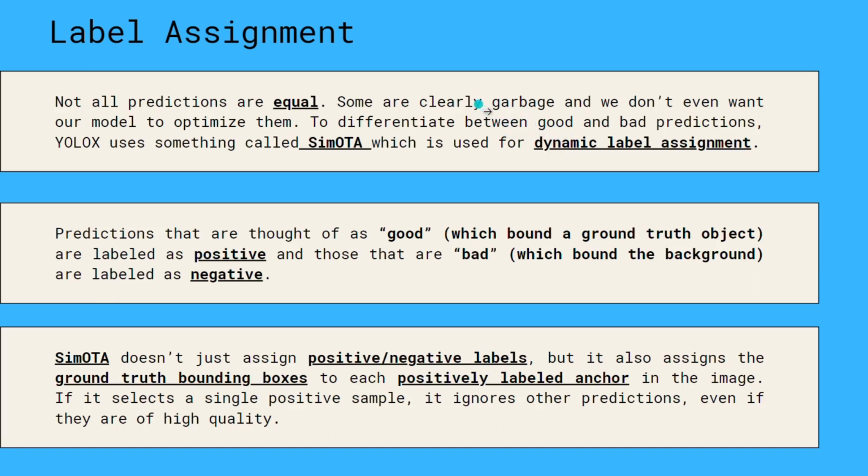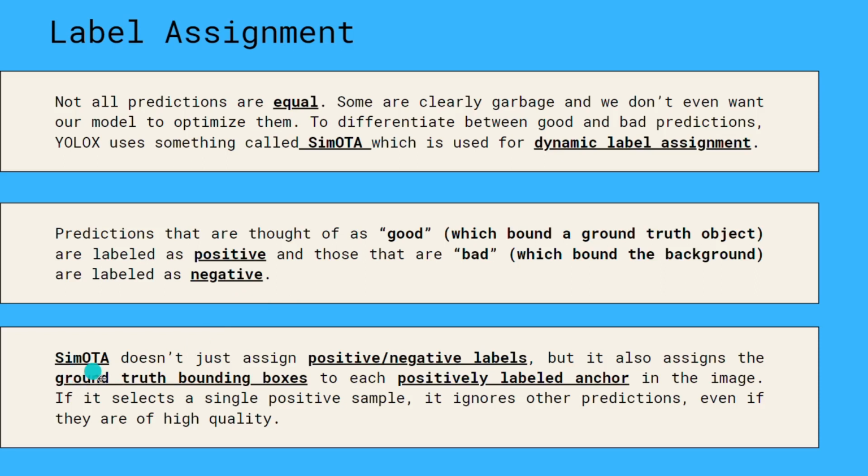That's also the case in object detection, because there is going to be a class imbalance between the bad predictions and the good predictions. Predictions that are thought of as good, which bound a ground truth object, are labeled as positive, and those that are bad, which bound the background, are labeled as negative.